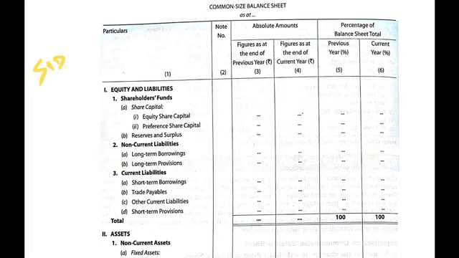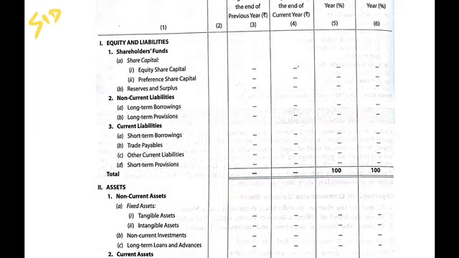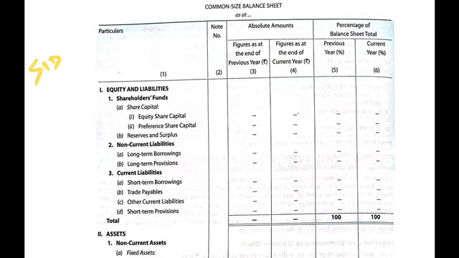Now, let us see the format of a common size balance sheet. A common size balance sheet has a total of 6 columns. The first column is particulars. As you can see, it is based on the format prescribed for the company's balance sheet, as we have already discussed earlier.